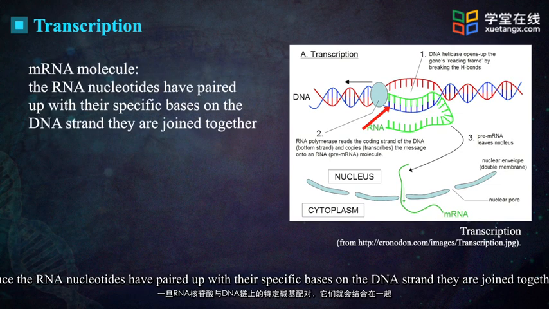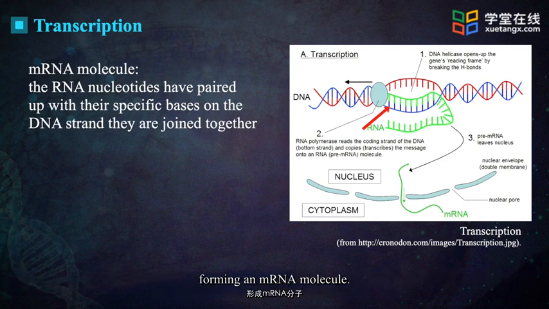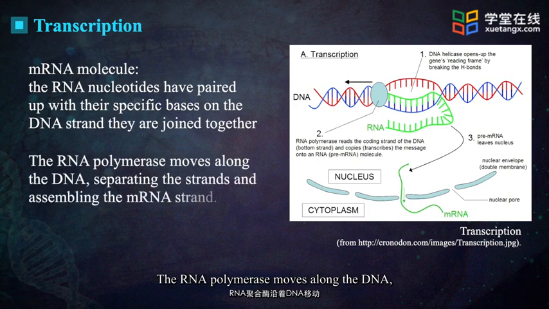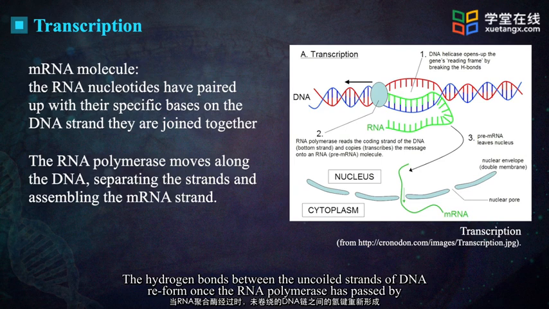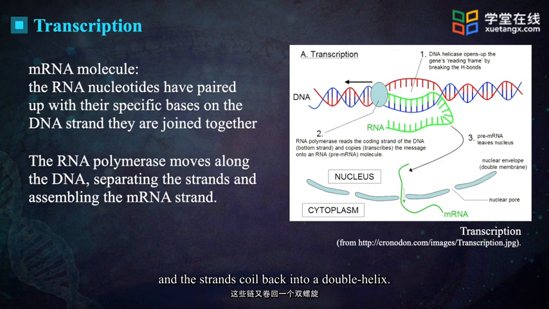Once the RNA nucleotides have paired up with their specific bases on the DNA strand, they are joined together, forming an mRNA molecule. The RNA polymerase moves along the DNA, separating the strands and assembling the mRNA strand. The hydrogen bonds between the uncoiled strands of DNA reform once the RNA polymerase has passed by and the strands coil back into the double helix.